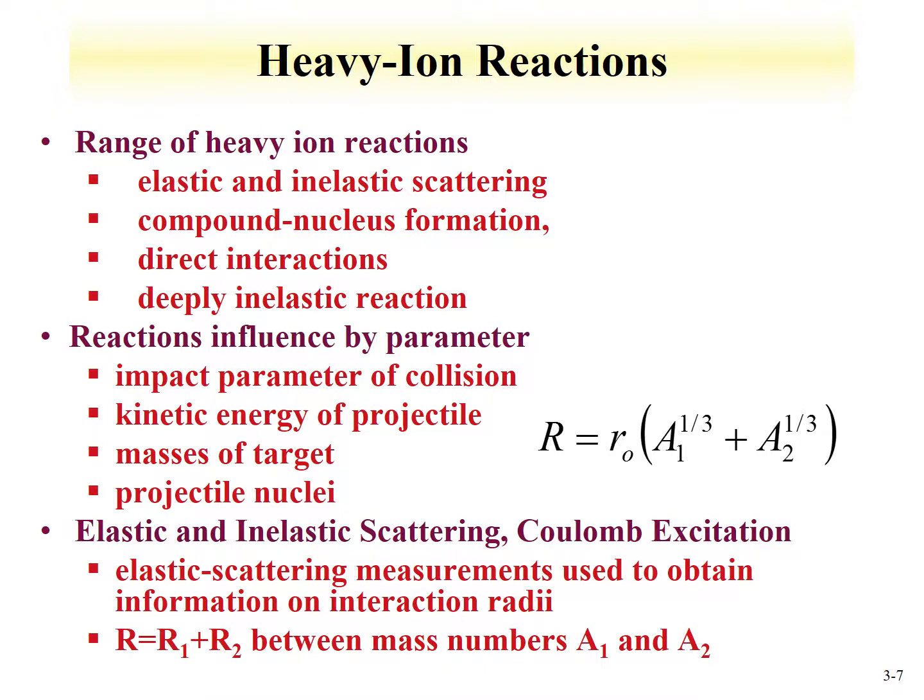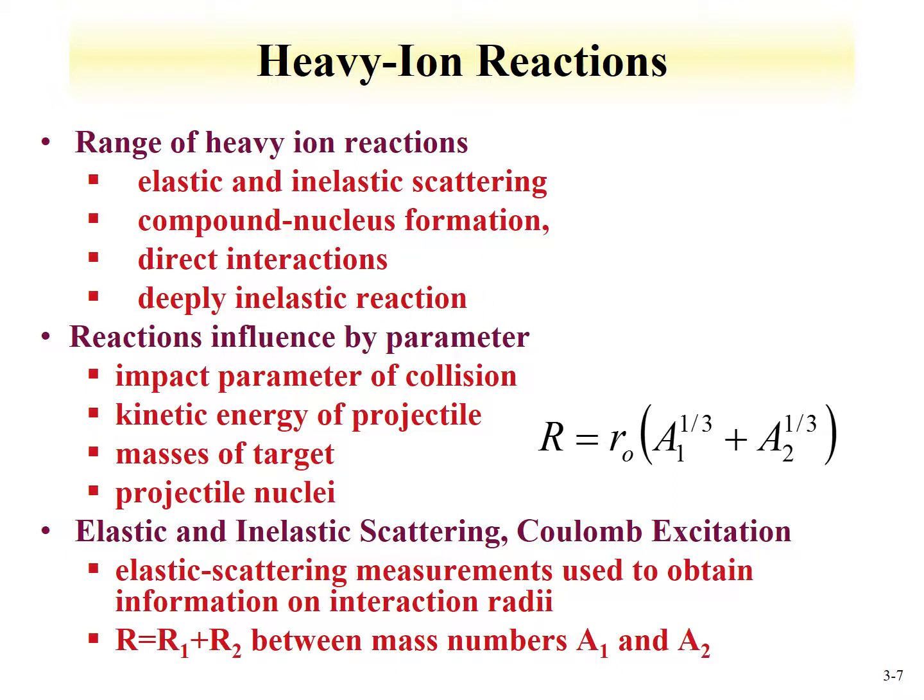Another route of reactions is moving from lighter particles to heavier particles. So as opposed to using a proton, think about bombarding a nucleus with something like oxygen-16. We have these heavy ion reactions, and in a lot of ways they're similar to light ion reactions, where we can have elastic and inelastic scattering, compound nucleus formations, direct interactions, and deeply inelastic reactions.